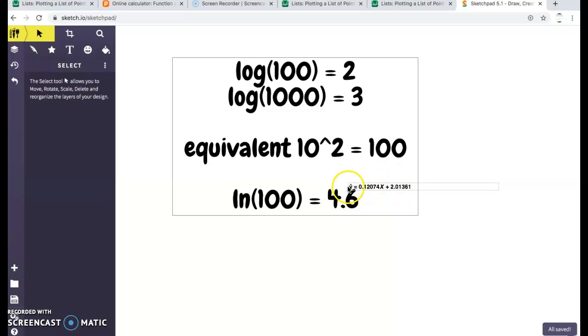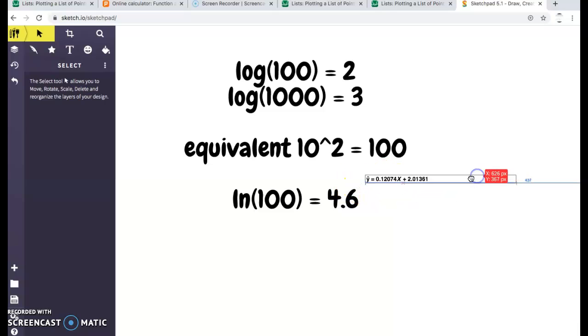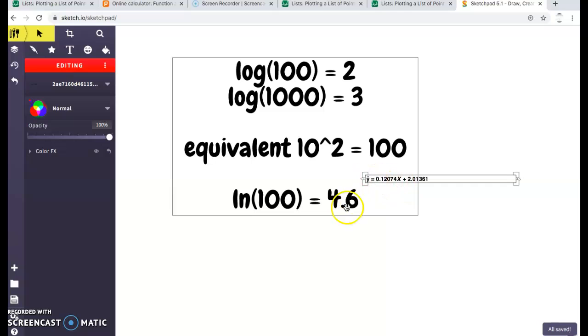Remember that this is an equation between x and log of y.